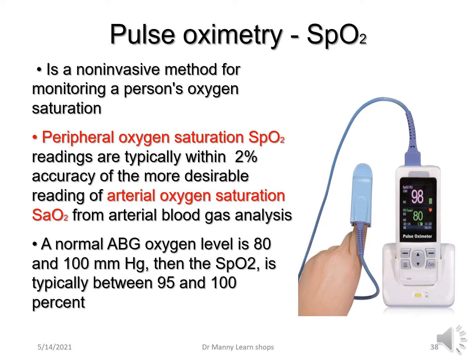So a normal arterial blood gas oxygen level, for example, is 80 to 100 millimeters of mercury at room temperature at sea level, and then the SpO2 is typically related to that, which is about 95 to about 100%.